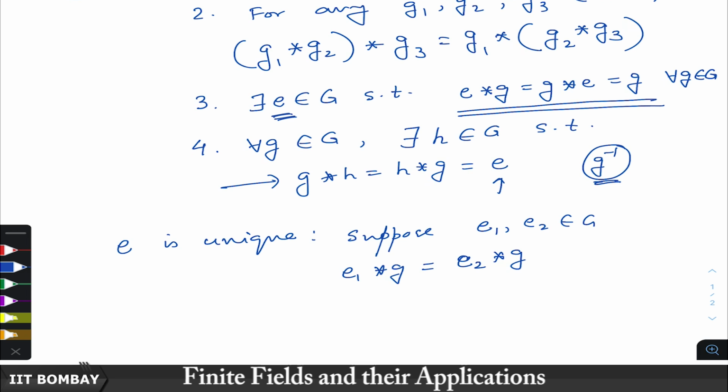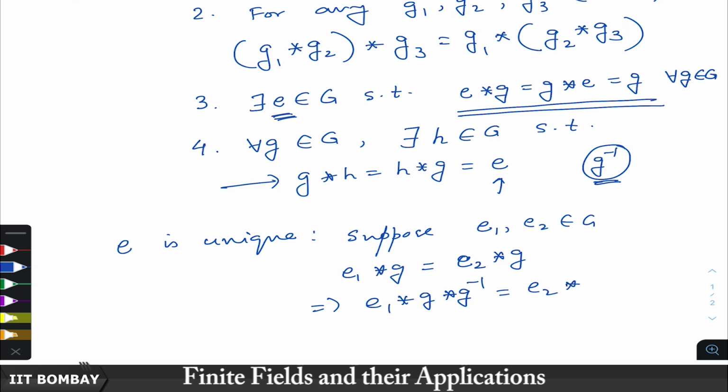one can just multiply by G inverse, or rather take the operation with G inverse on both sides, and what you will get is E1 star G star G inverse. We are not writing the order in which you will take the operation, because it does not matter due to associativity.